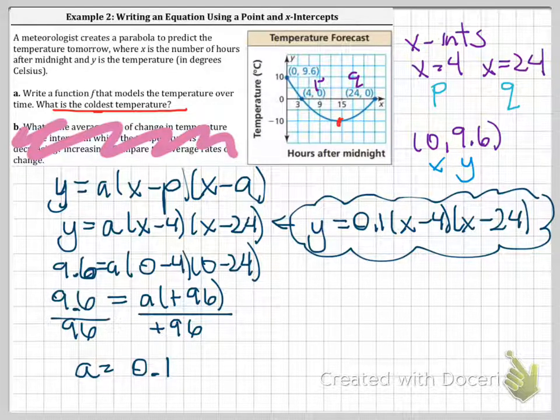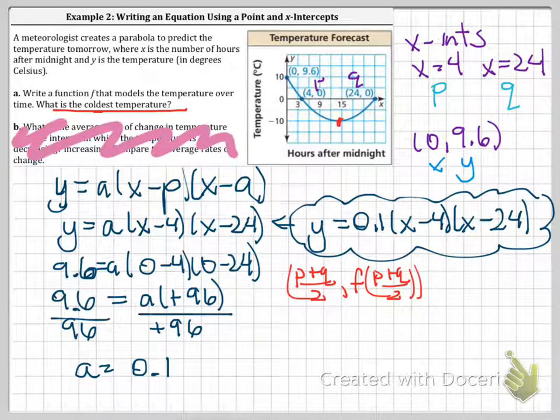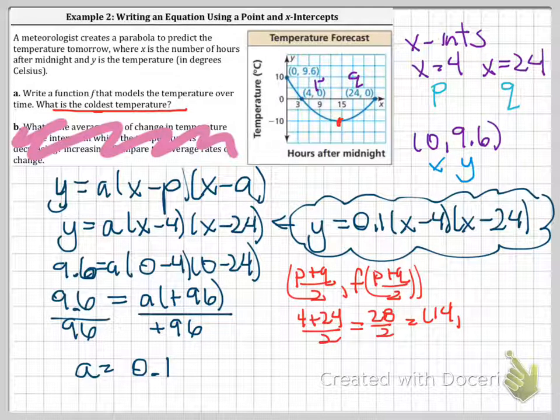The vertex in intercept form is P plus Q over 2. And then you plug it back into the function to figure out what is that y value of the vertex. So P plus Q is 4 plus 24 over 2, which is 28 over 2, or 14. That's our x value. Now to find our y value, plug it back into the function. So we get 0.1 times 14 minus 4 times 14 minus 24.